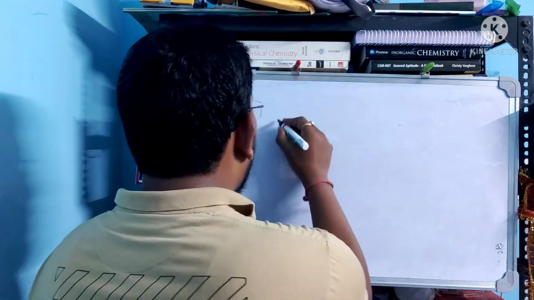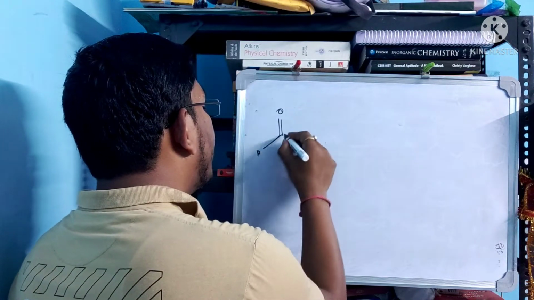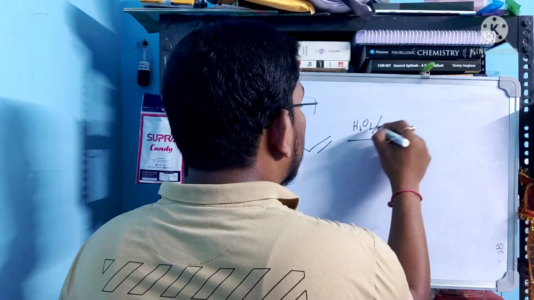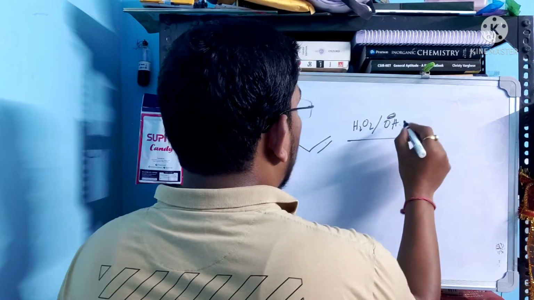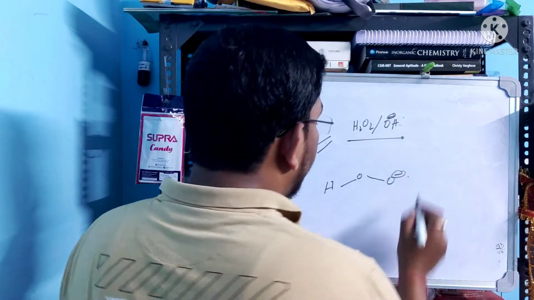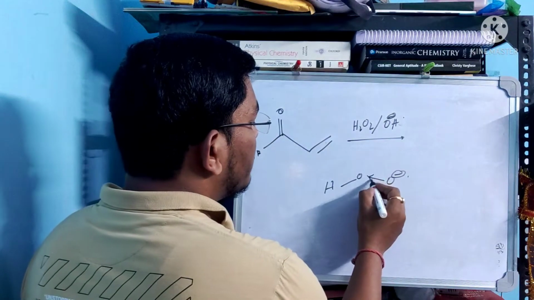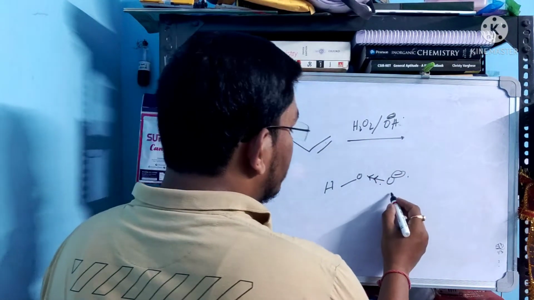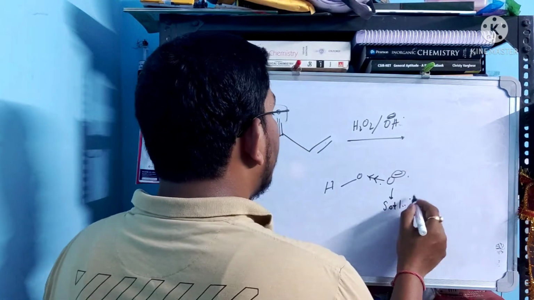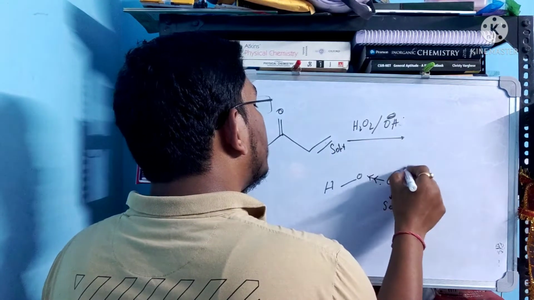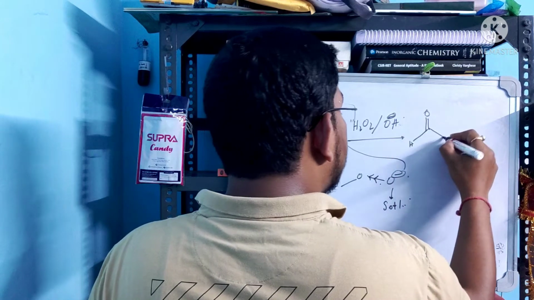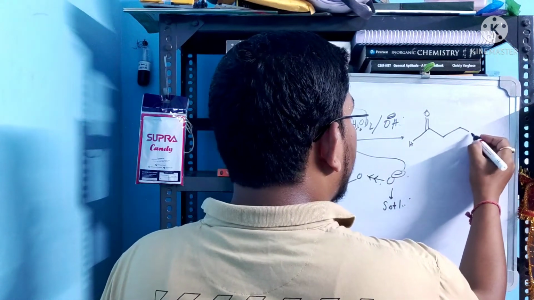Another question. Here what will we get? Due to the minus M effect of the oxygen atom, charge density becomes lower on this oxygen atom. That means it becomes softer. Where will it attack? It will attack on the soft position. Okay, the concept is the same. Just look at it a little bit more carefully.